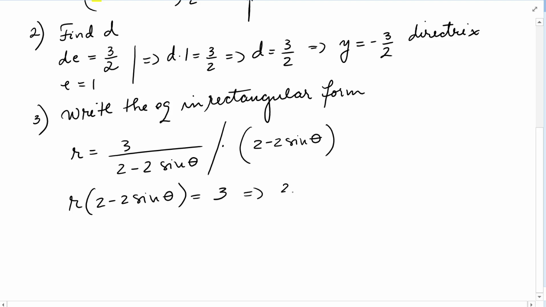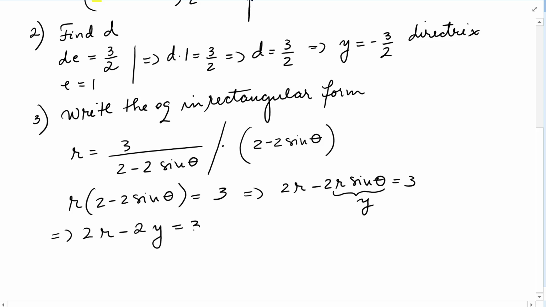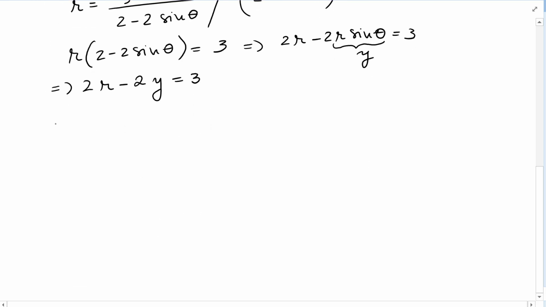Open up the parentheses: 2r minus 2r sine theta equals 3, which means 2r minus this quantity here, which is y, so minus 2y equals 3. I'm going to move the y to the other side, so 2r equals 2y plus 3.